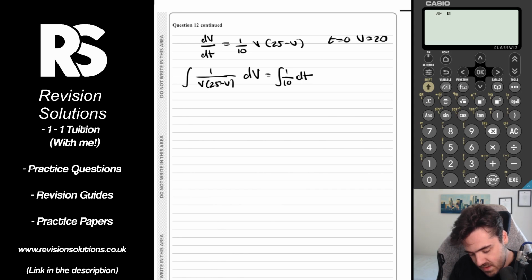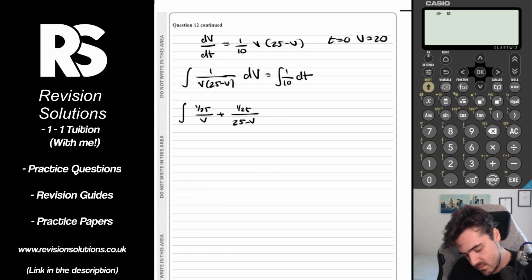Then splitting those fractions up, writing our partial fractions here instead, that's the integral of 1 over 25v plus 1 over 25(25 minus v) dv equals, I'll just do that integral quickly, that's just 1/10 t plus a constant.